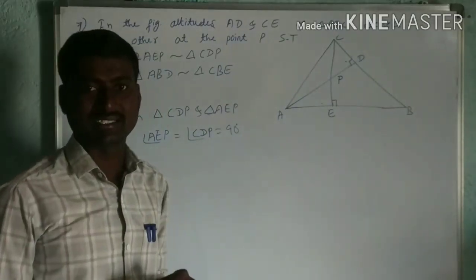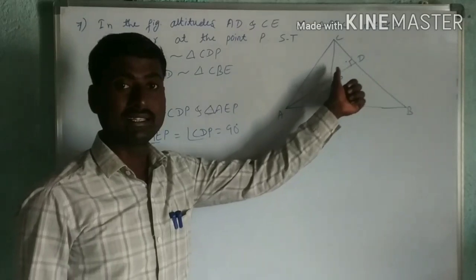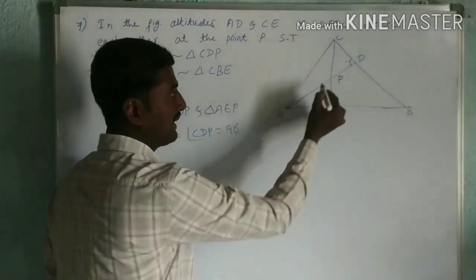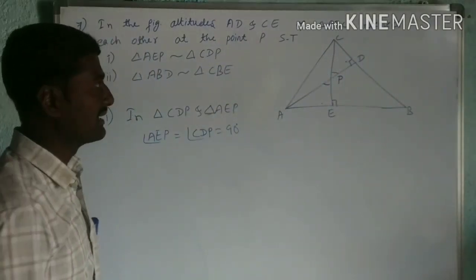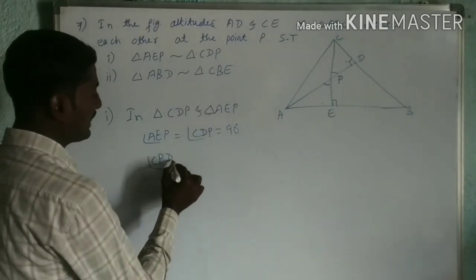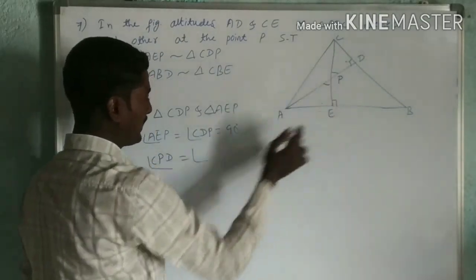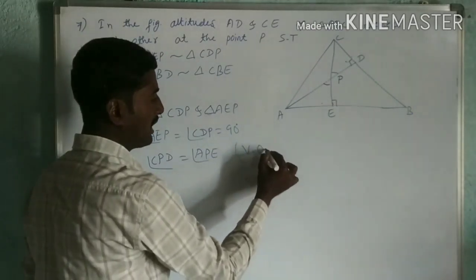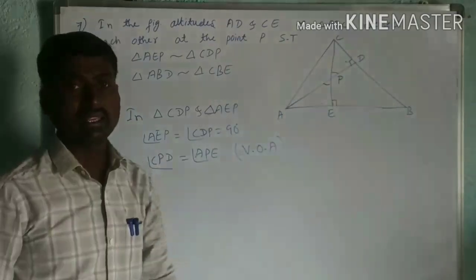Otherwise, by using SAS, I may not get it here. I will get the AA similarity criterion, because these two angles are equal and this angle is also equal because of vertically opposite angles. Angle CPD is equal to angle APE because of vertically opposite angles.